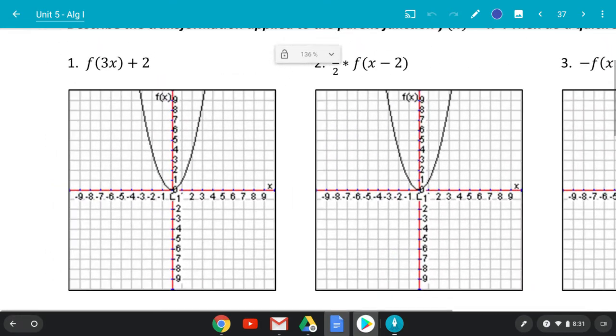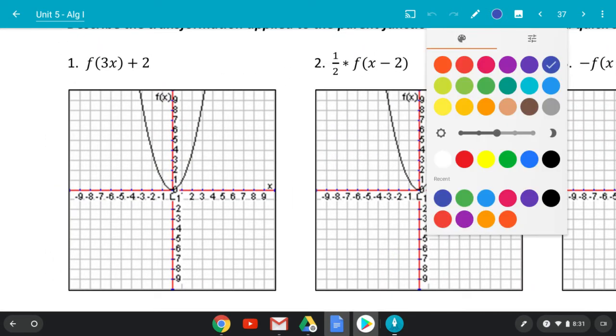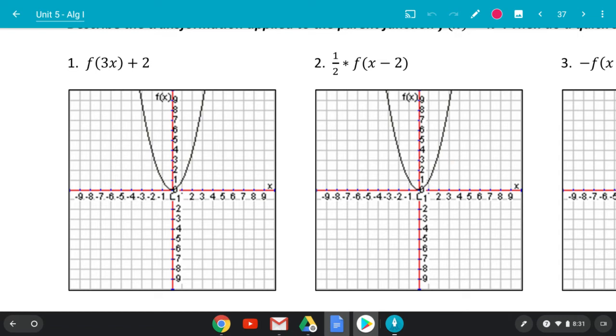I want to use red here to identify my transformations. Starting here, that is on the outside, so that's a slide up 2. And then this one is on the inside, so it's horizontal. It's greater than 1, which makes it a shrink.